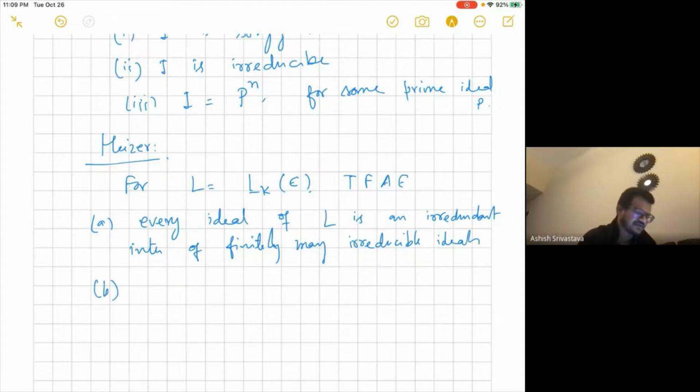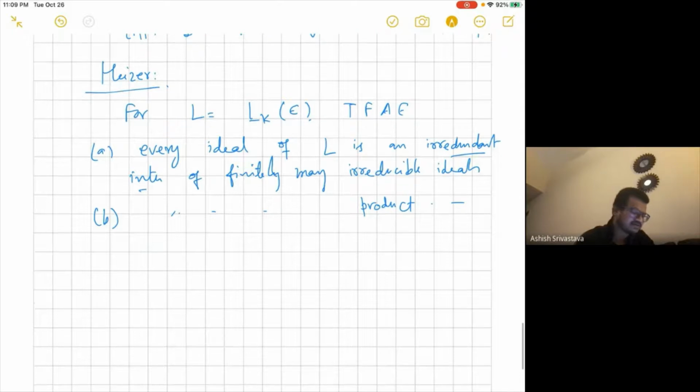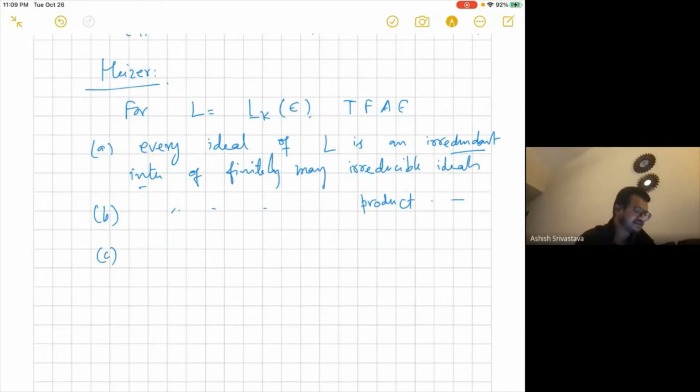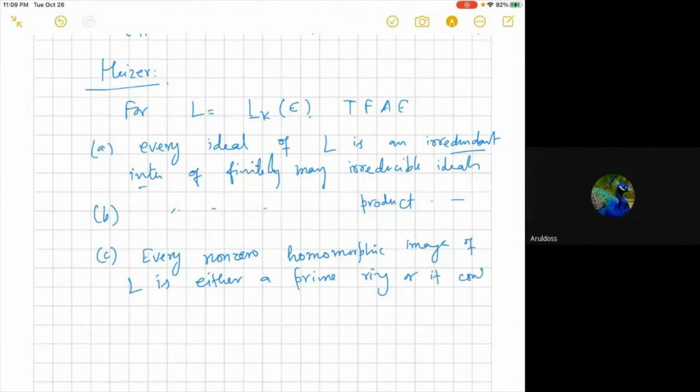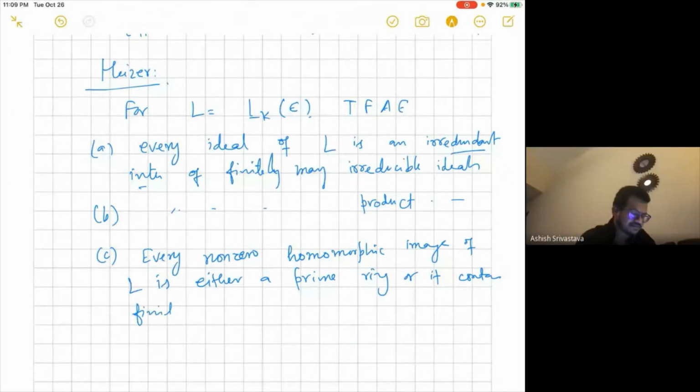In fact, this is equivalent to saying the same thing with, instead of irredundant intersection, you can replace that by a product of irreducible ideals. And the characterization here is that every non-zero homomorphic image of L is either a prime ring or it contains finitely many minimal prime ideals.